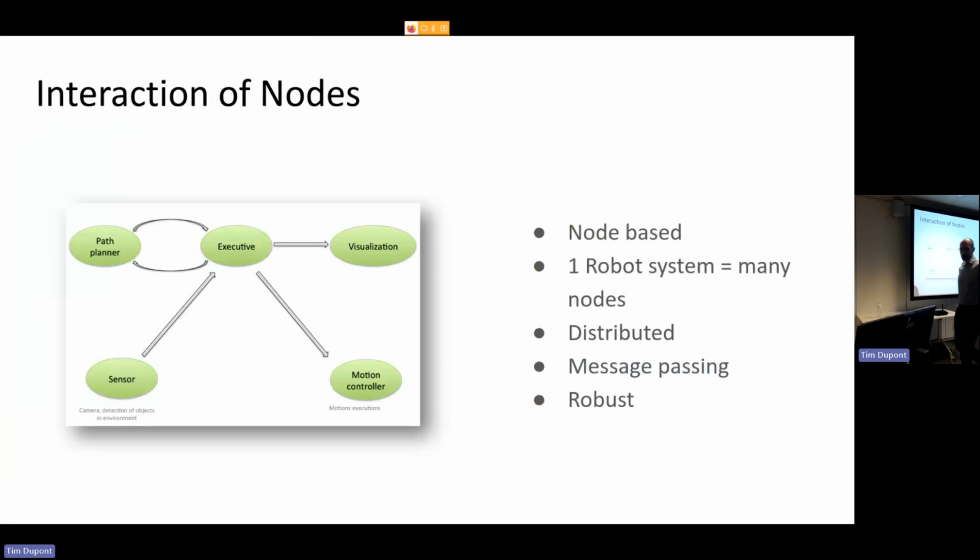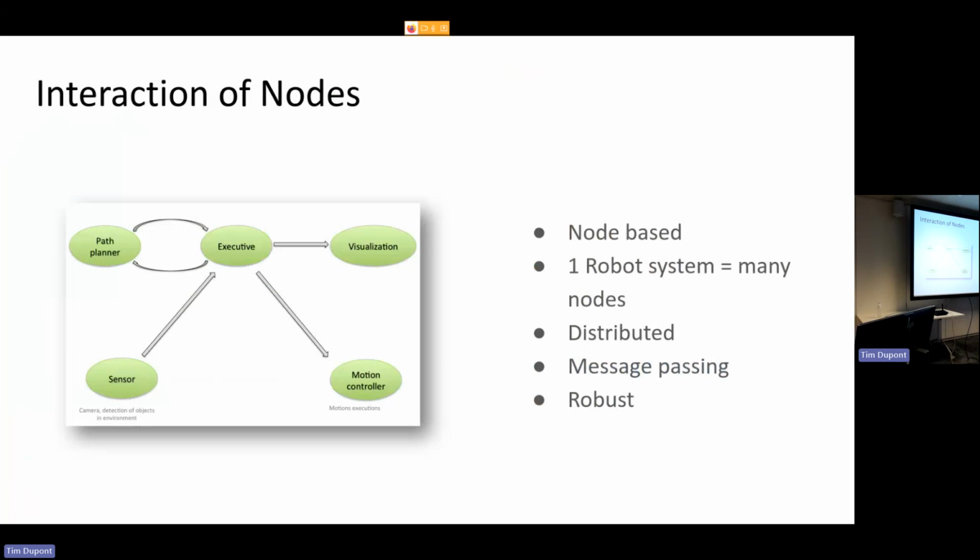And then you see, if you just kill one node, for example, if you have a small robot system and it has a motion controller to control the wheels or the legs or whatever, and it goes down, everything just keeps on working. You get sensor input, it just keeps on working.